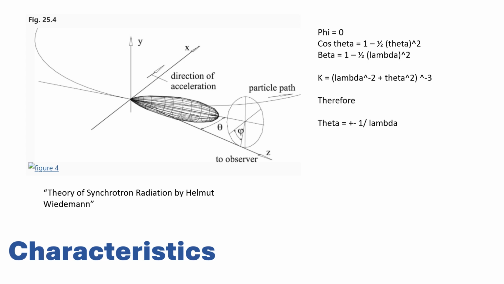If we assume phi is 0, and we use the approximate trigonometric identity for cosine, cos theta approximately equals 1 minus a half theta squared, for extremely small values of theta, along with the formula for the approximation of energy in photons, beta equals 1 minus a half wavelength squared, we can find a derivation for the approximate scaling of radiation intensity, where k equals (wavelength to the power of negative 2 plus theta to the power of 2), all to the power of negative 3, giving an emission angle of theta equals plus or minus 1 on lambda, or 1 on the wavelength.